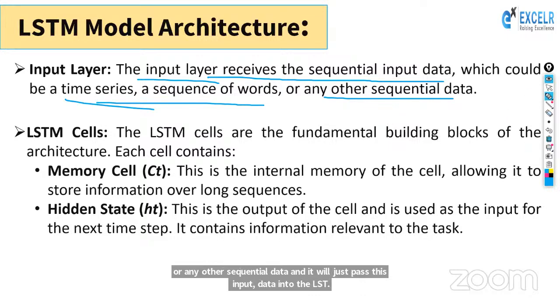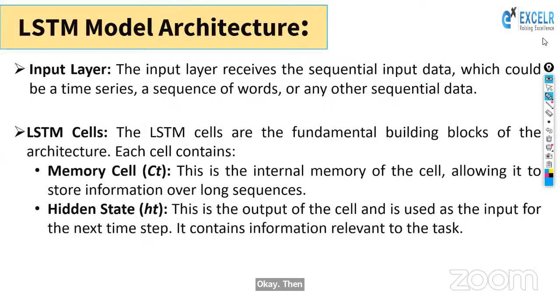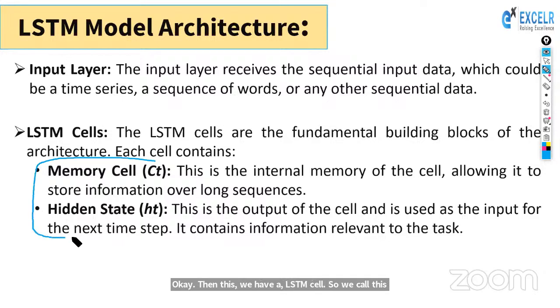Then, guys, we have the LSTM cell. We call the combination of C t and H t the LSTM cell. This is the fundamental building block of the LSTM model.